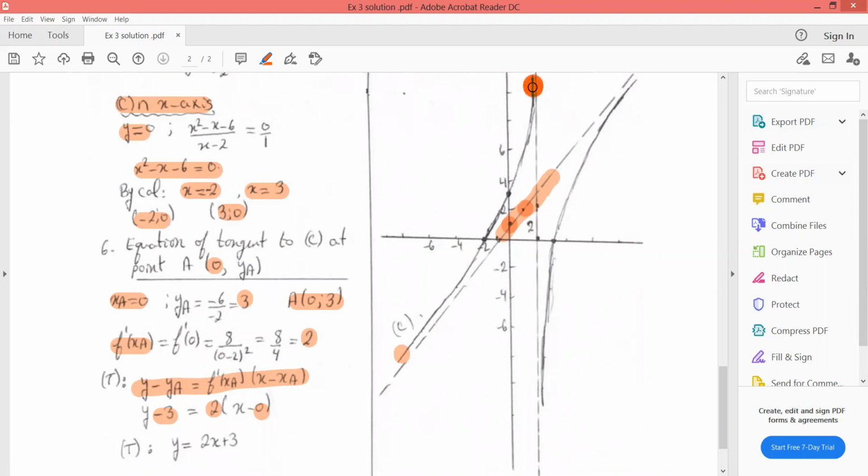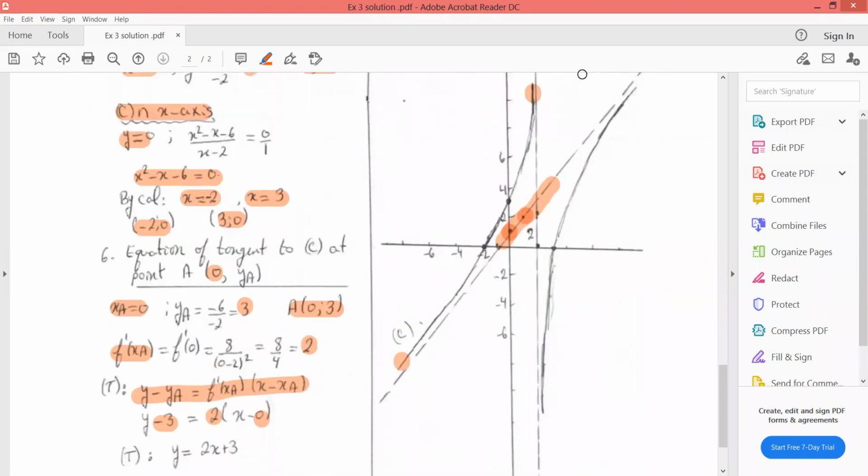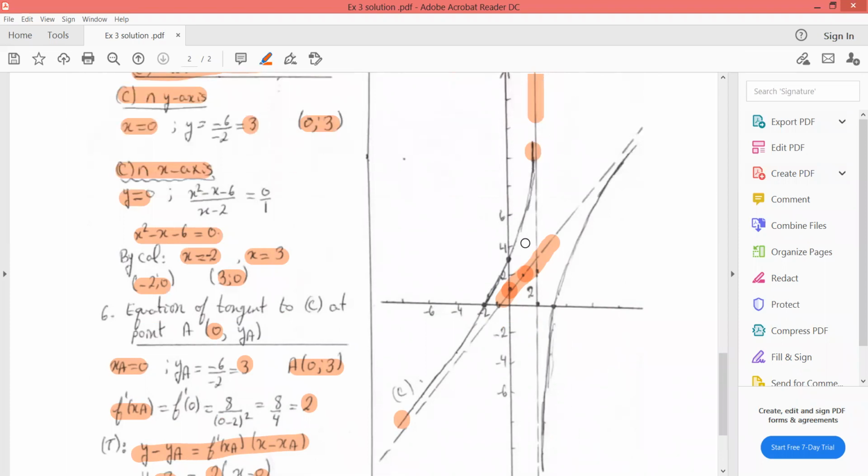This point here is 2 plus infinity. And we have some particular points. We found the intersections with the x-axis. We have the point (0, 3), the intersection with the y-axis. We have two intersections with the x-axis, -2, this point is an intersection with the x-axis. We put it here. We have the point 3, the intersection with the x-axis.